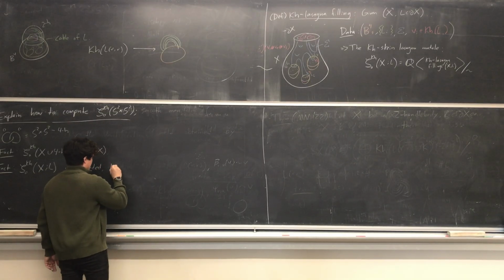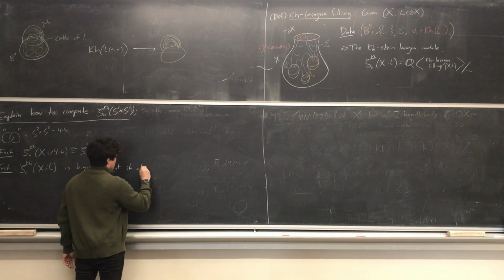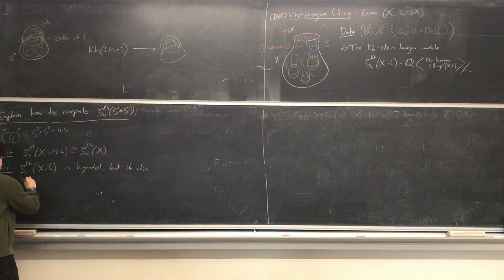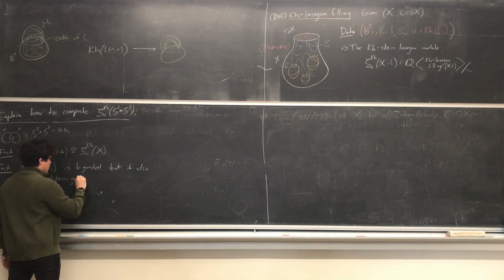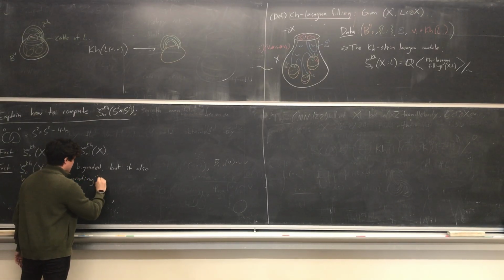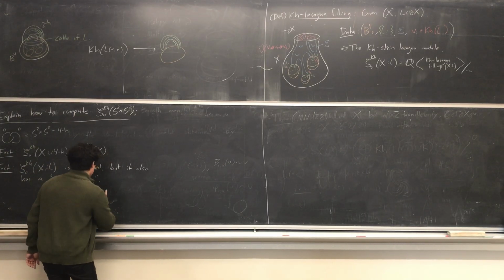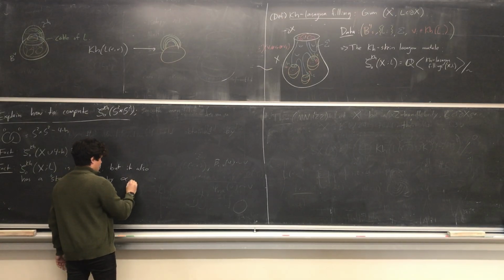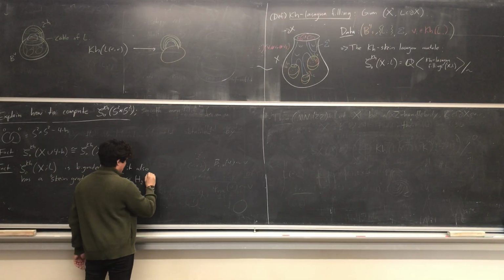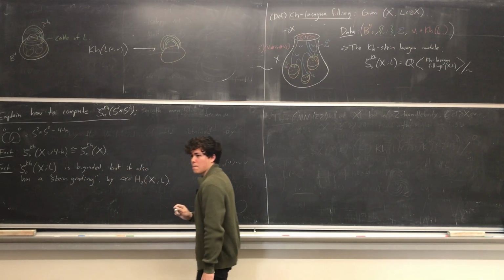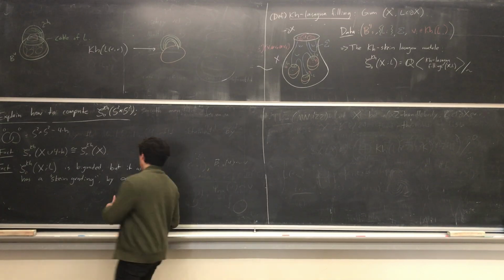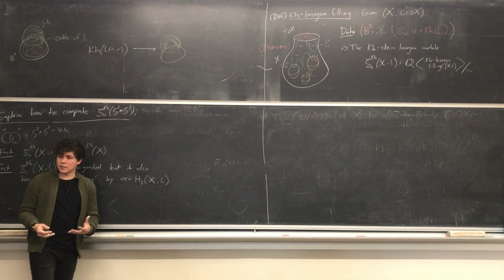But it also has a Skein grading. So this is an extra grading, and it's graded by elements in the relative second homology of X and L. So each of these fillings has its own relative second homology class associated to it.